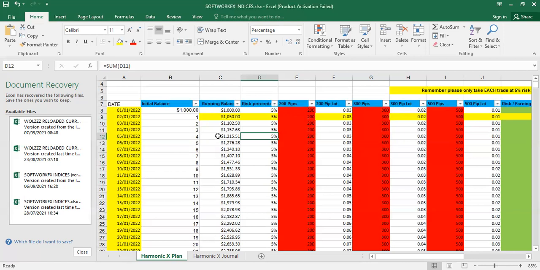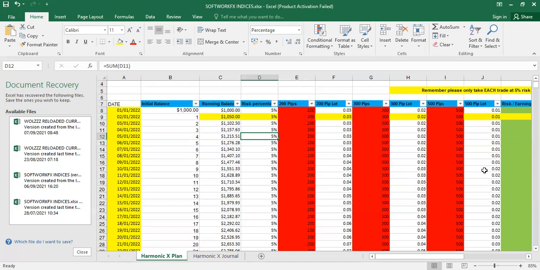So as you are going, as you are making this each day, your pip target is not going to change. If 200 pips is your target, that's what you just keep on doing on a daily basis. It's only your lot size that will be changing as time goes on.